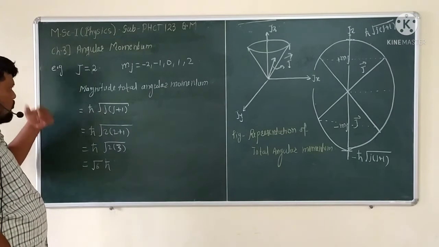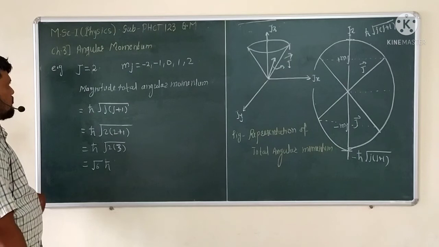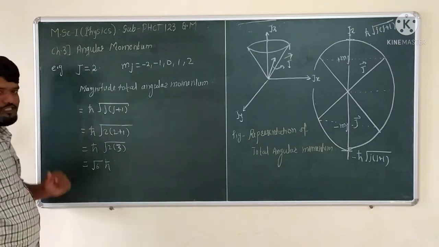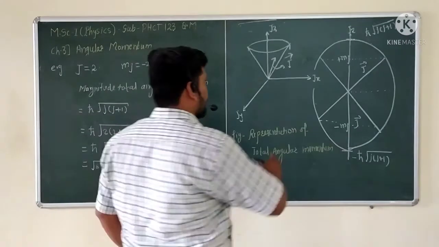So this magnitude is nothing but under root of 6 into h cross. And if we want to show the geometrical representation of this for j is equal to 2, how is it represented? So see here.